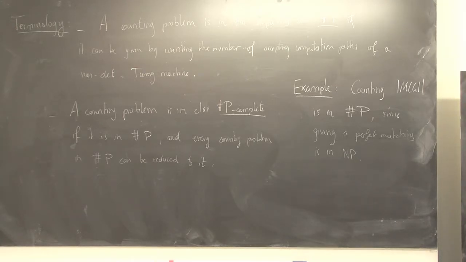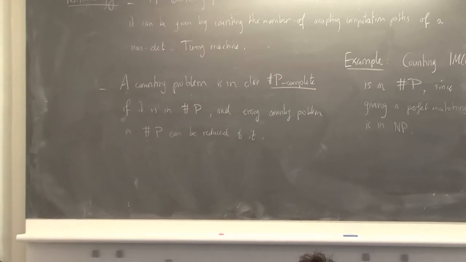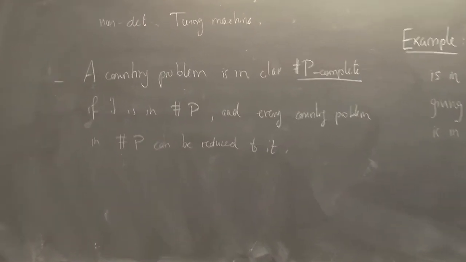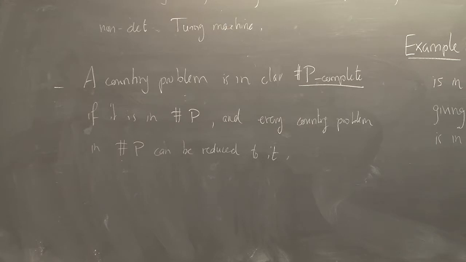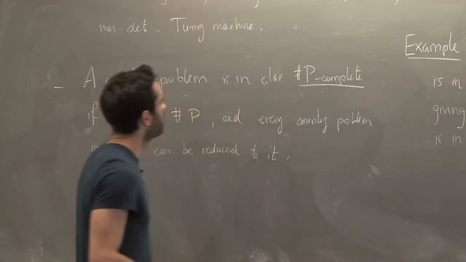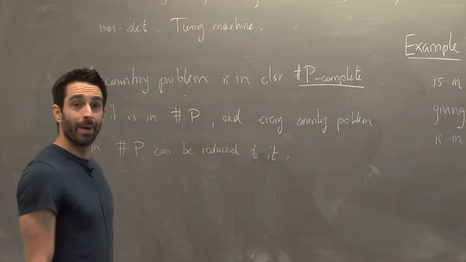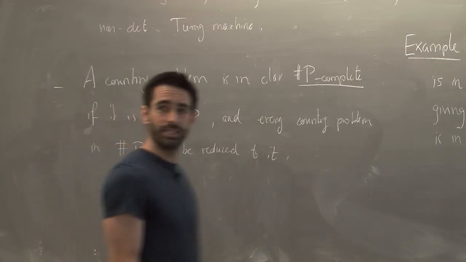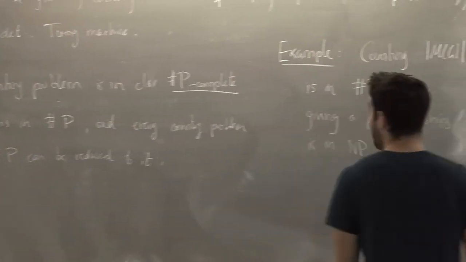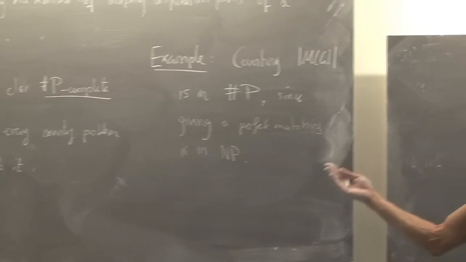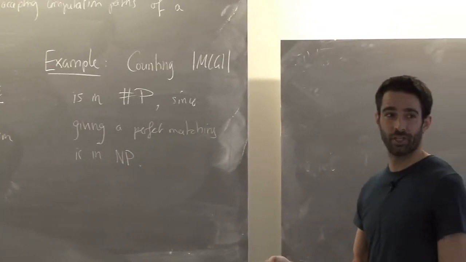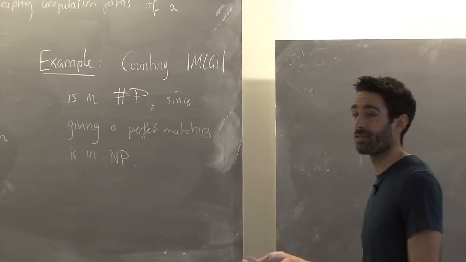So if you tell yourself that a counting problem is sharp P complete, that's rather bad, right? So in sharp P it's positive. If it's in sharp P complete, it's bad because it means that if you're able to solve it efficiently, you can solve any problem of this form efficiently.